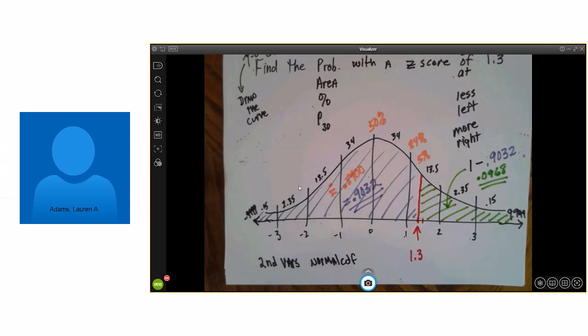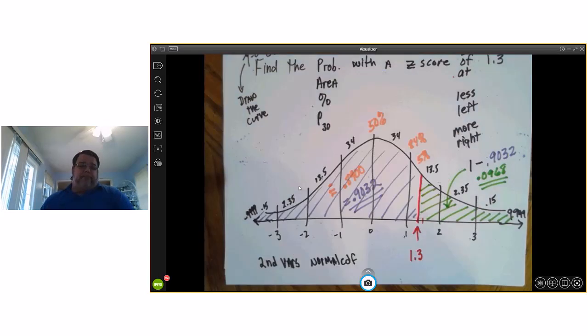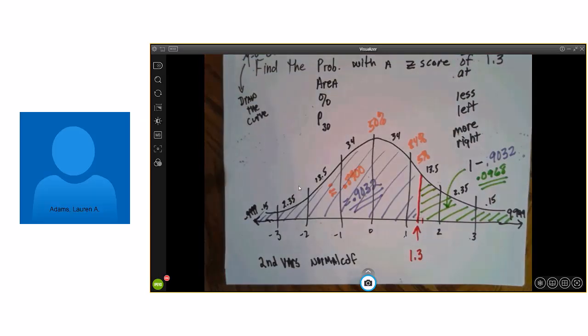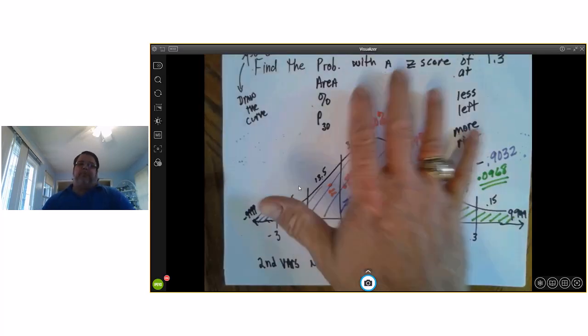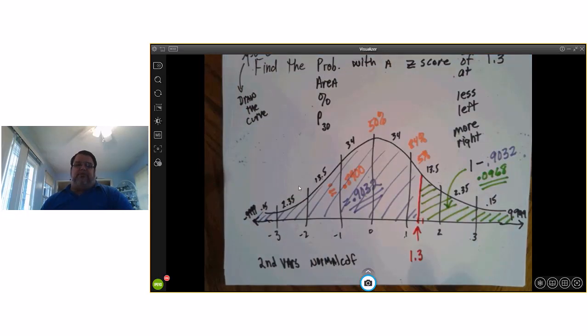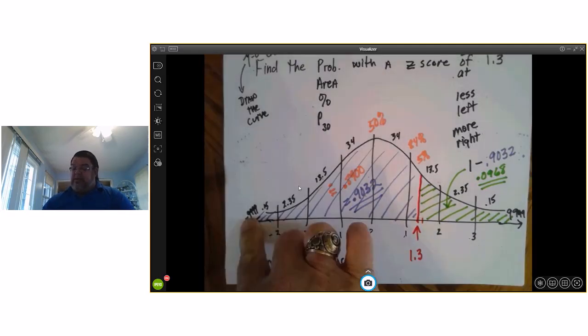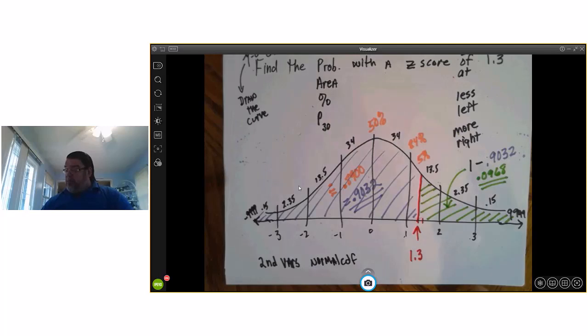So how do we find this answer if we don't have a newer calculator? Are we supposed to just guesstimate using the empirical rule? Well, no. What kind of calculator do you have? I have a TI-83. Okay, then it should be set on z-scores. So you would type in second vars, normal CDF, then negative 9999, comma, 1.3, close parentheses, and hit enter.